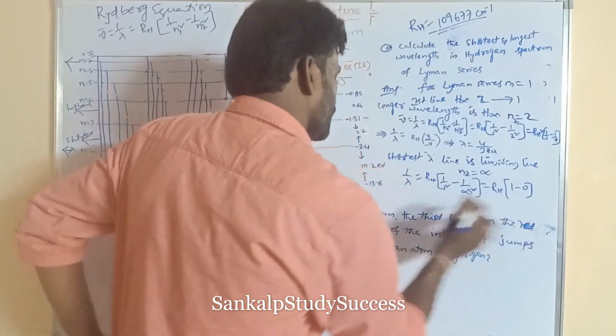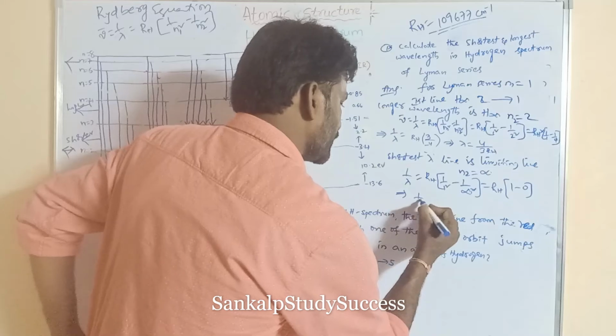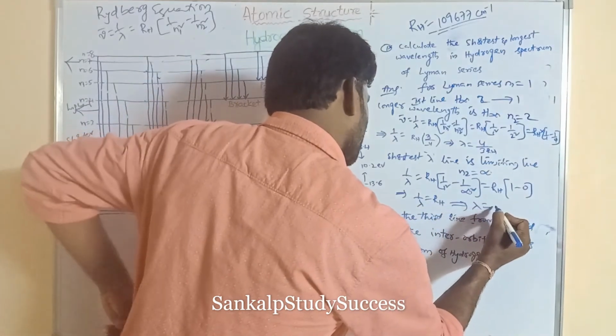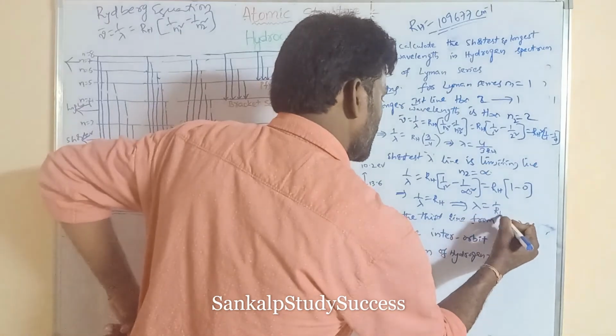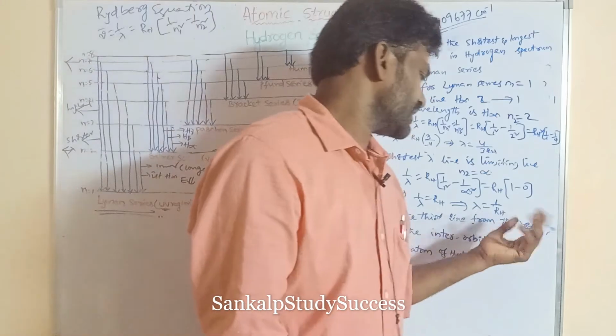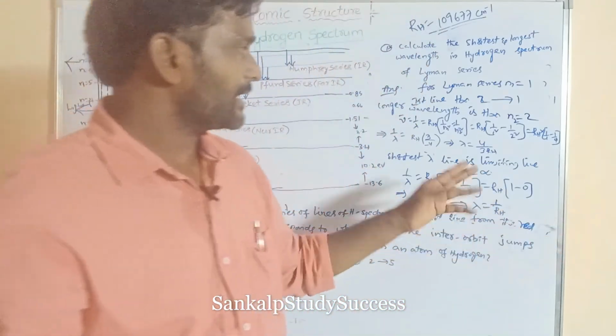So 1 by lambda is equal to RH. Lambda is equal to 1 by RH. So if the RH value is substituted, we can find the lambda value.